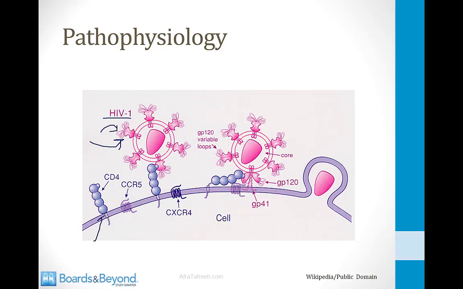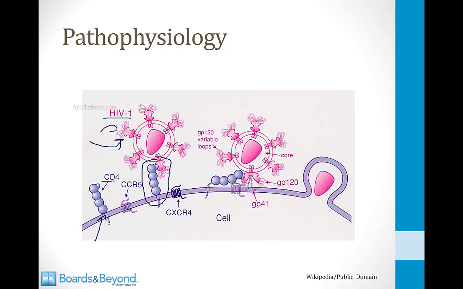These 4 circles here in blue are CD4 molecules, and HIV attacks cells that have CD4 on their surface. Now you probably know that many T cells have CD4 on their surface, but what you may not realize is that CD4 is also found in monocytes and macrophages and dendritic cells, and all of the cell types that HIV can infect. So GP120 and CD4 will bind in the first step of HIV entry into cells, but that's not enough.